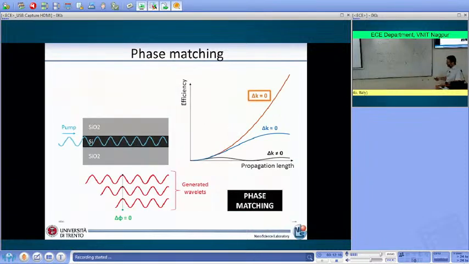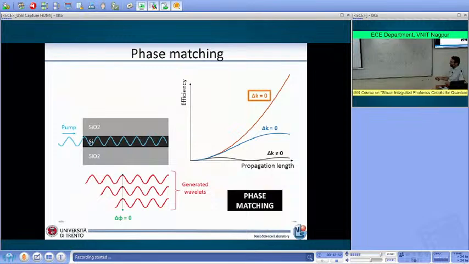Because what I do need is the fact that all the generated photons that are traveling within my sample should have a phase relationship equal to 0 in order to add constructively. And indeed, if I satisfy this condition, by which delta K, the difference between the momentum of the pump and the generated photon, is equal to 0, then each single generation event adds up.